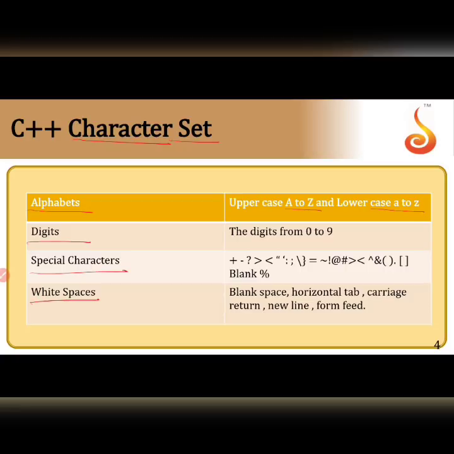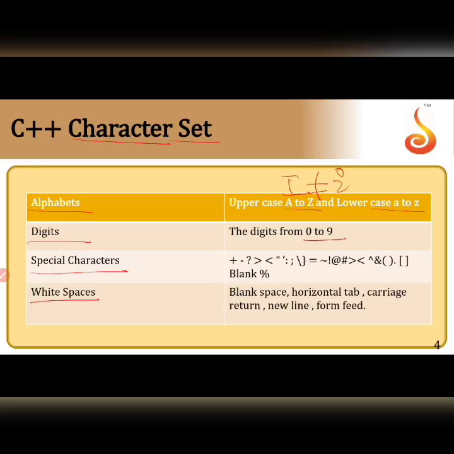So, what do you mean by case sensitive? Case sensitive means it differentiates between an uppercase and a lowercase, which means that an uppercase I is not equal to the lowercase i. So, we have uppercase A to Z and lowercase a to z, and you can make use of this in any combination. Next is digits. Digits are nothing but symbols from 0 to 9, and again you can make use of this in any combination.